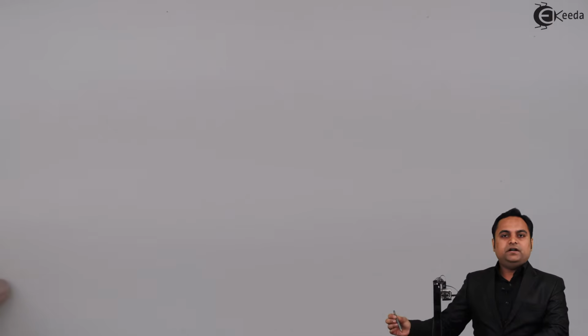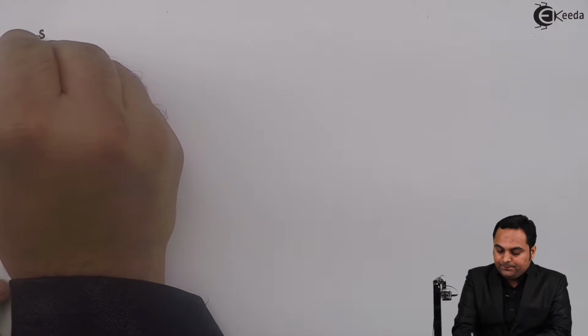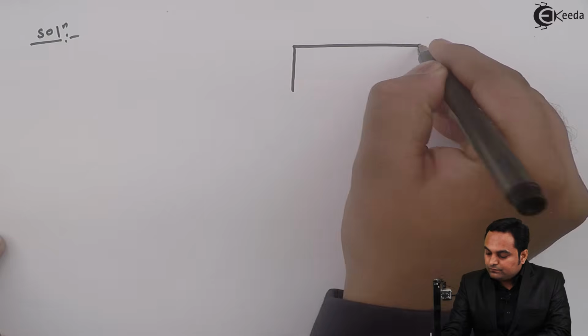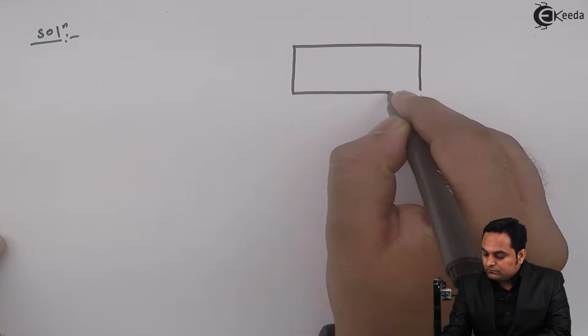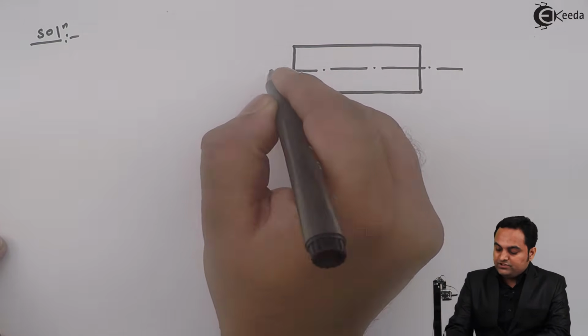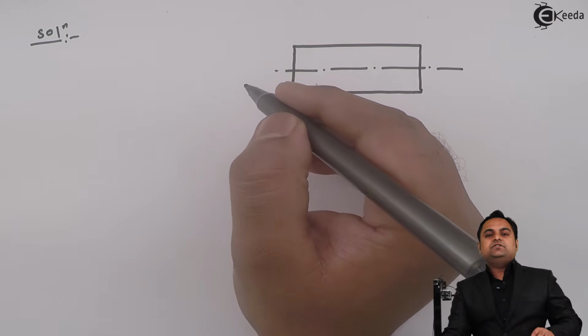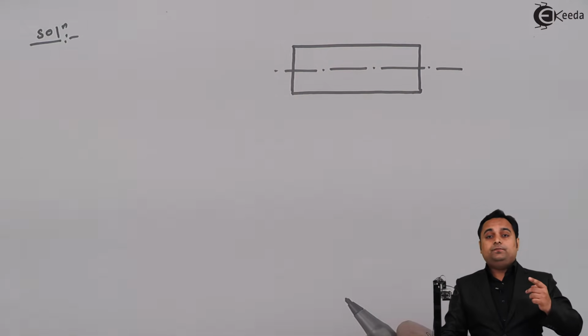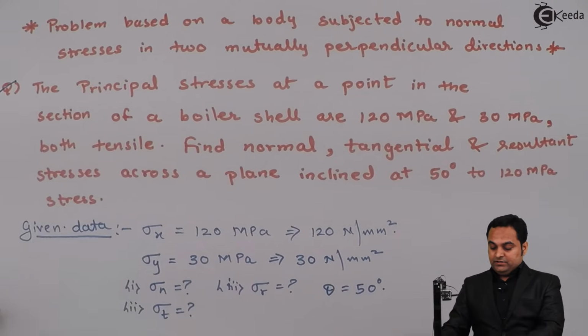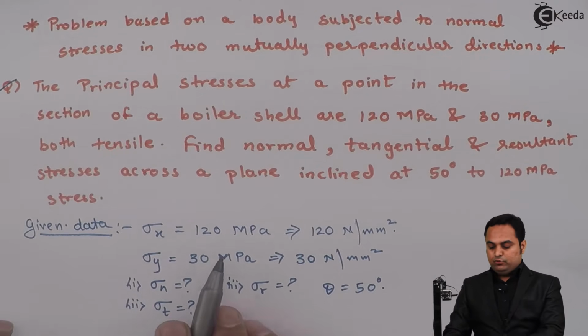In the solution part, first we need to draw the diagram. Now this is the member which is given, and it is subjected to stresses in two mutually perpendicular directions. They are sigma x and sigma y, both are tensile.